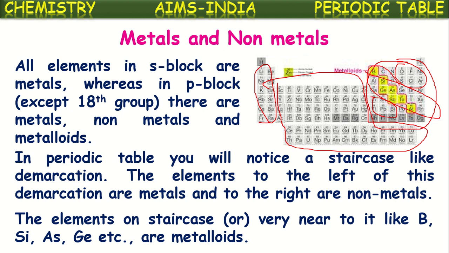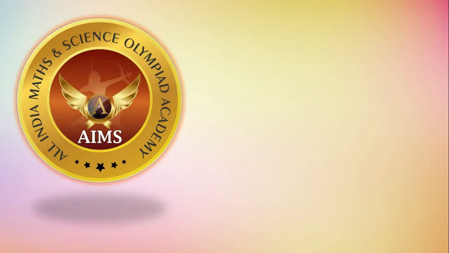These elements are called metalloids because they exhibit the properties of both metals and non-metals. That is why these are specially called metalloids. Okay, the elements which possess the properties of both metals and non-metals are called metalloids. Okay, this is about some features of the modern periodic table.